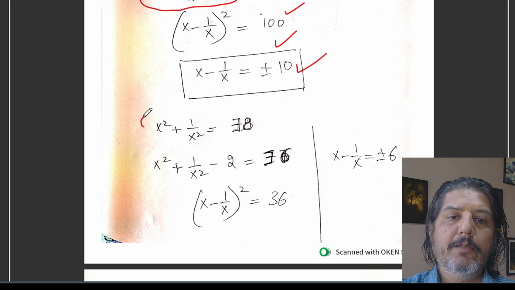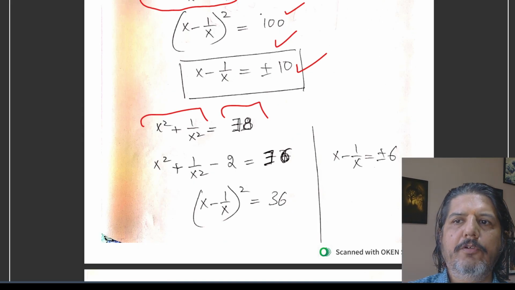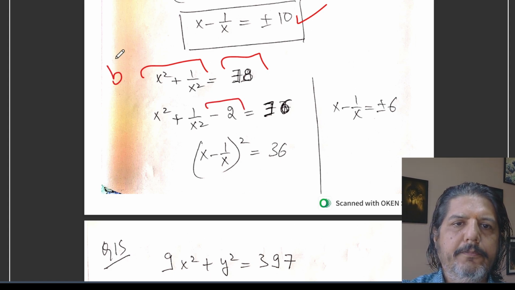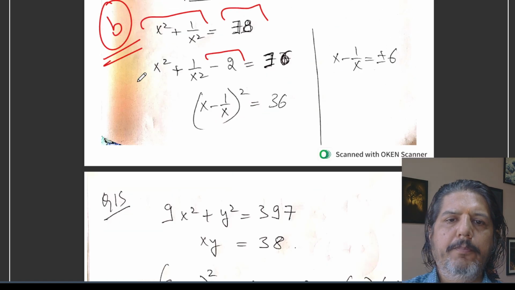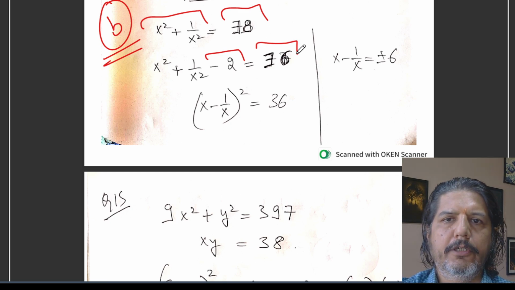Now x square plus 1 upon x square is equal to 38. So if I subtract 2 from both sides, this is the B part. This was the A part. So in B part, I'm given the value of x square plus 1 upon x square is equal to 38. I subtract 2 from both sides, so this is equal to 36.